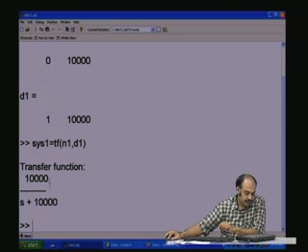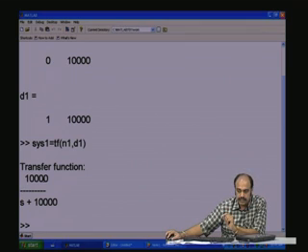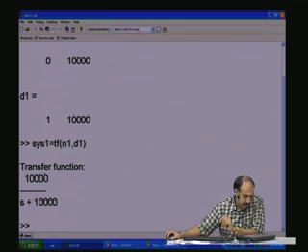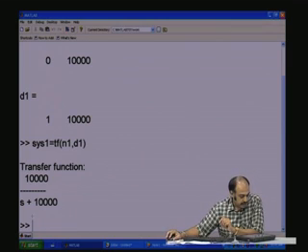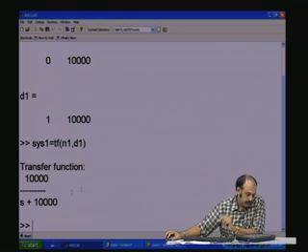So, you see the transfer function now is in our familiar notation. This is 10,000 divided by S plus 10,000. 10,000 is 1 by RC, isn't it? 1 by R was 10 and C was 10 to the minus 10 microfarads. So, 1 by RC is going to be 10,000, S plus 1 by RC. Okay.